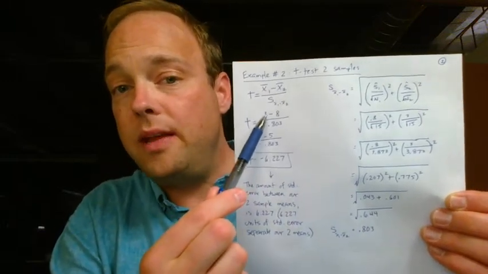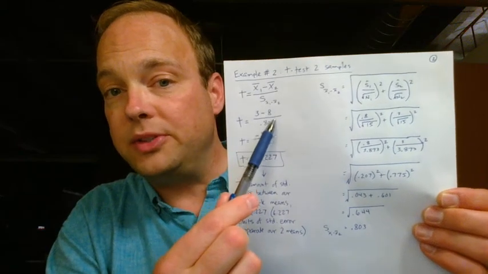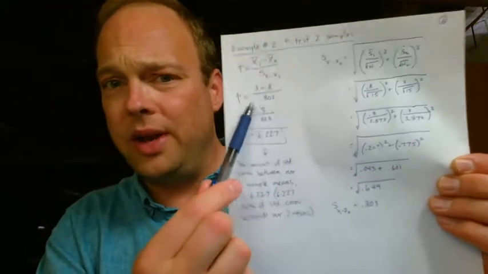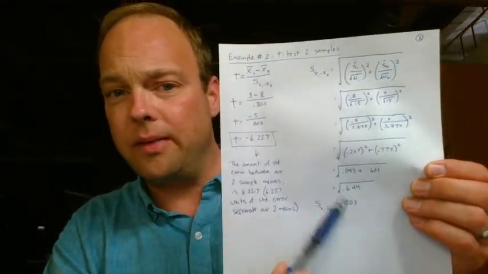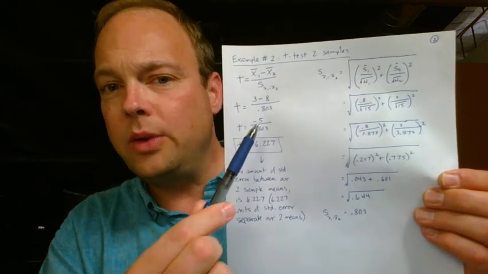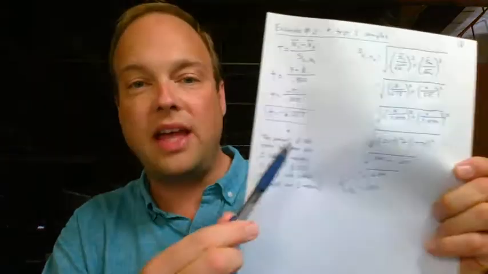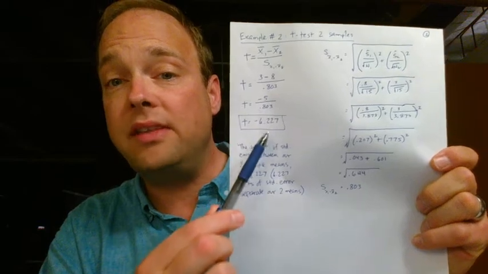T equals 3, that's the mean for sample 1, minus 8, that's the mean for sample 2, divided by 0.803. That came from our calculation of the standard error right there. Boom. T equals negative 5 divided by 0.803. T equals negative 6.227. That is our data generated t value.